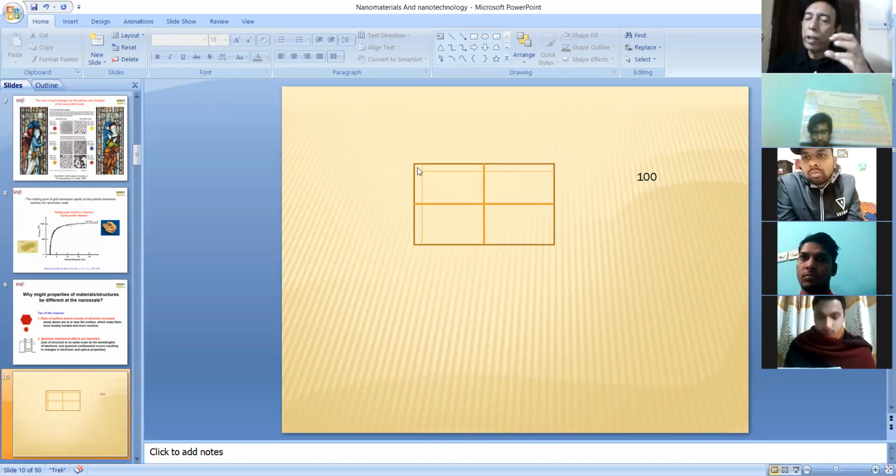But the interior atoms, that means the atoms which are not on the surface, will not go into the reaction because they are not exposed.